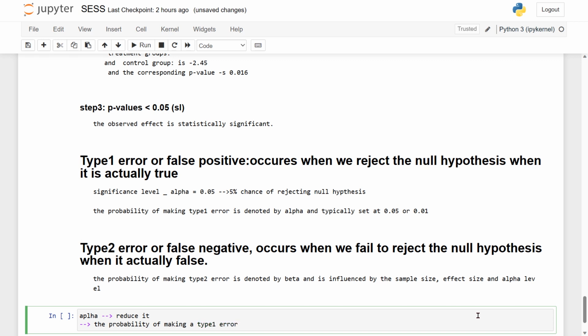But there is an issue. It can increase the probability of making type 2 error.